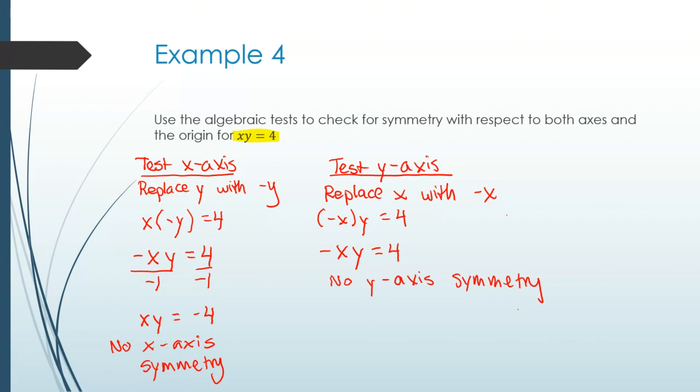Then we want to test with the origin. And when you're testing with respect to the origin, you're plugging in both x and y with negatives. So if you want to test the origin, replace x with negative x and y with negative y.